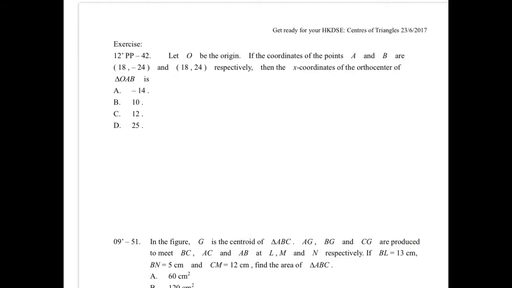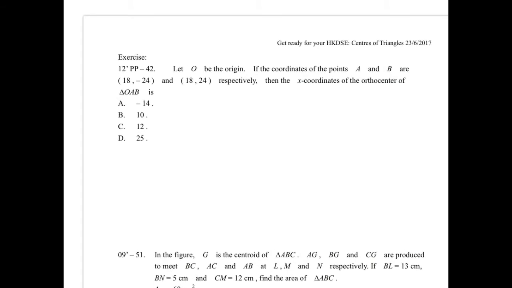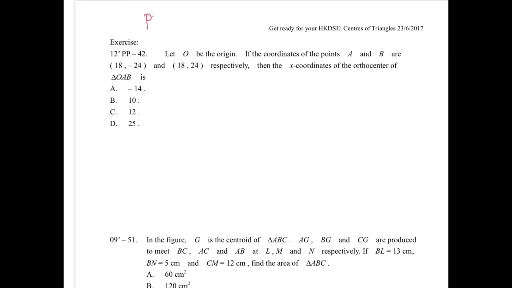And now we come to some harder questions, or maybe a very hard question. Let's start from question 42 in the year 2012. You remember in paper 2 there are 45 questions. When you look at 42, you find it's almost at the end.